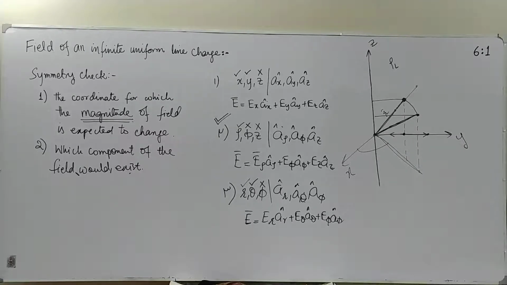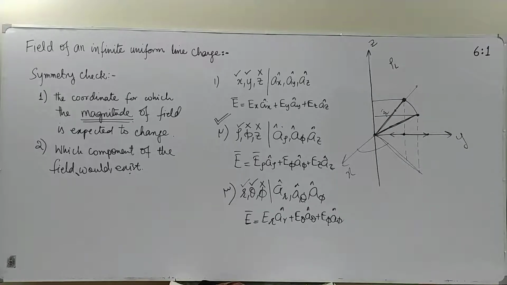The second symmetry check would be done while adopting the cylindrical coordinate system as our base coordinate system for line charge density, and deriving the expression for electric field intensity.